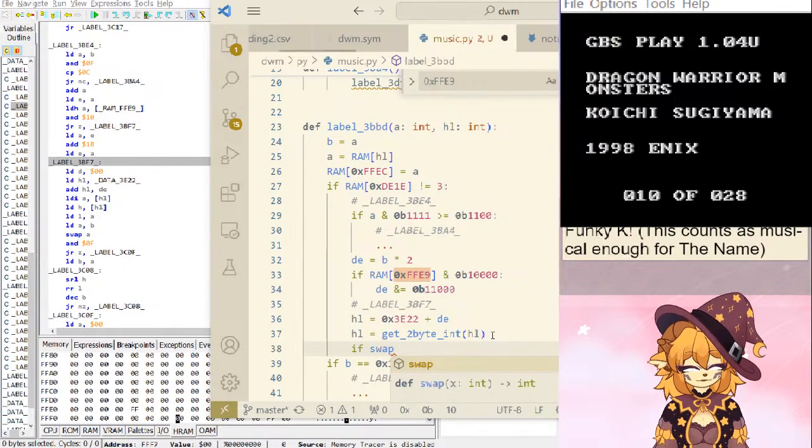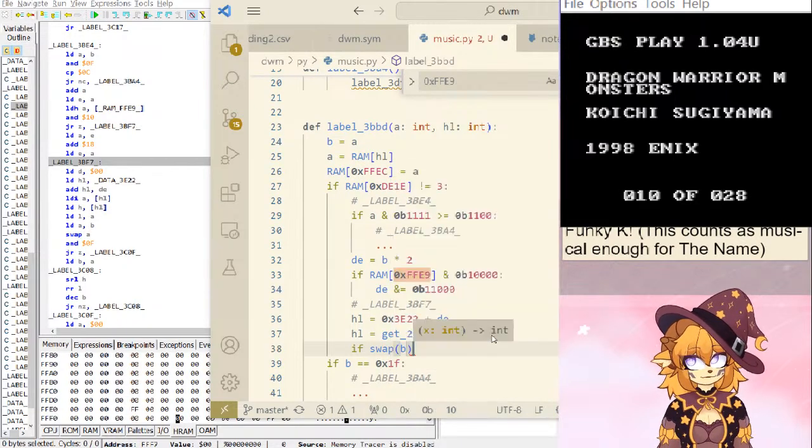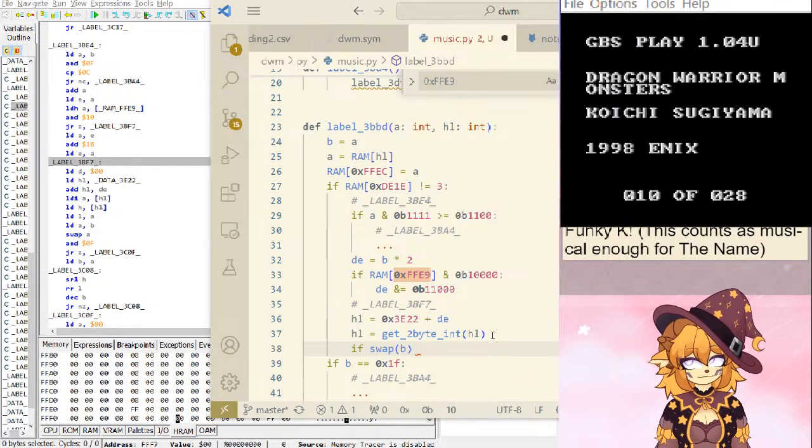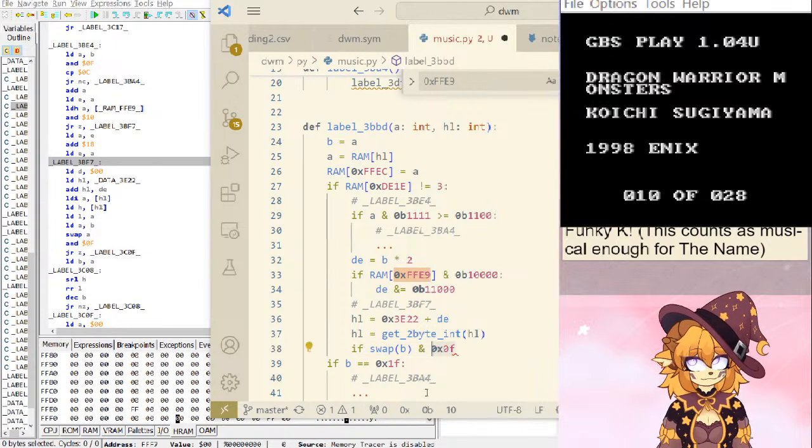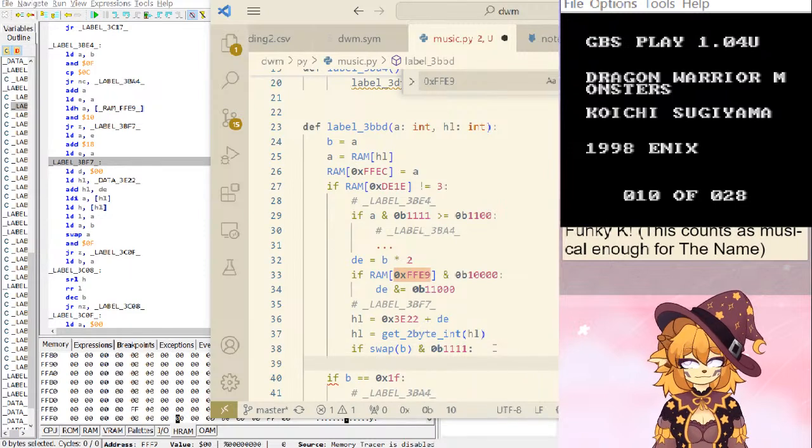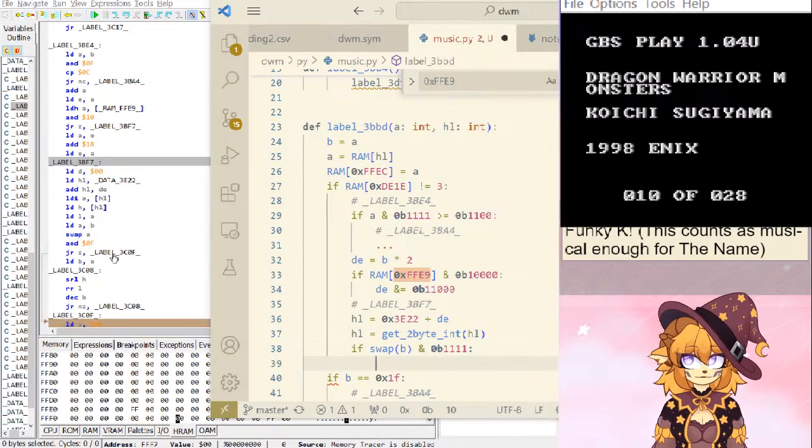Swap B and 0x0F. So if that's 0, then it jumps.